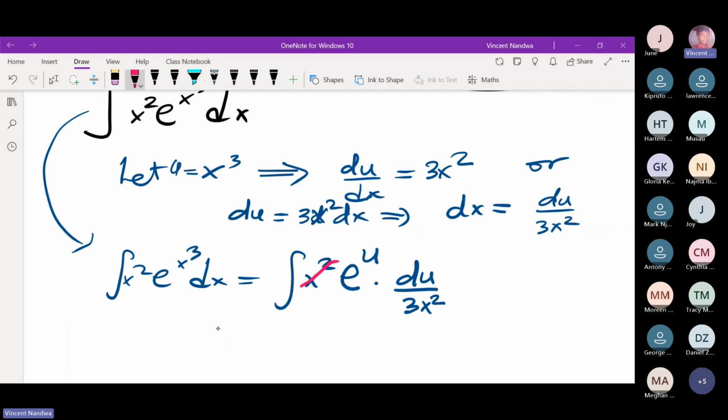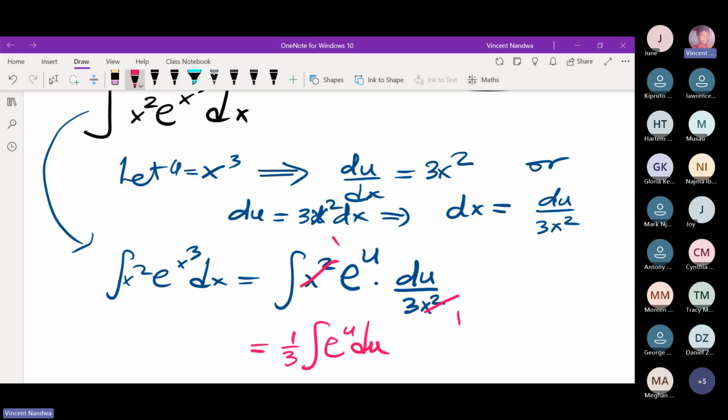So x squared and x squared cancel out. Then you see we'll have successfully changed everything in terms of u. Then factor out the third. So this will be a third integral of e power u du, which is actually a standard integral.